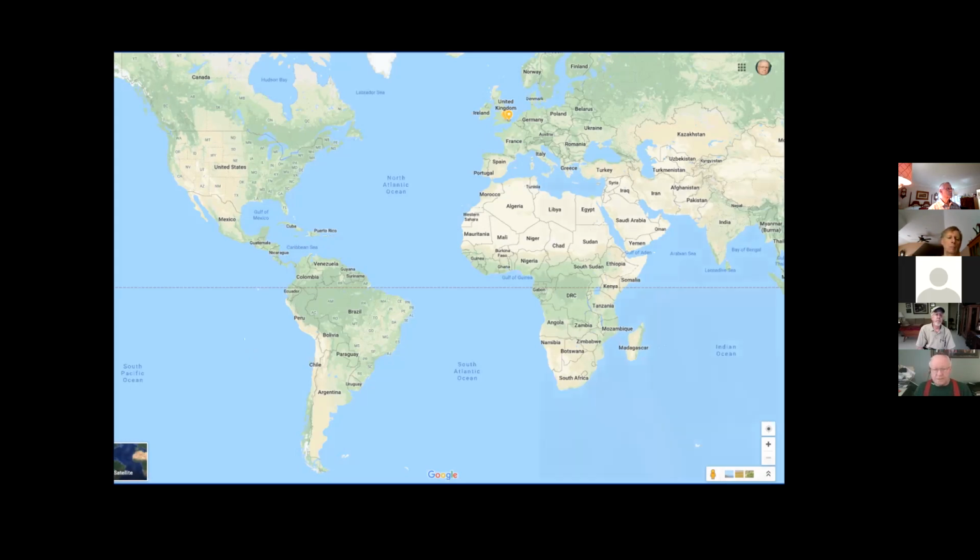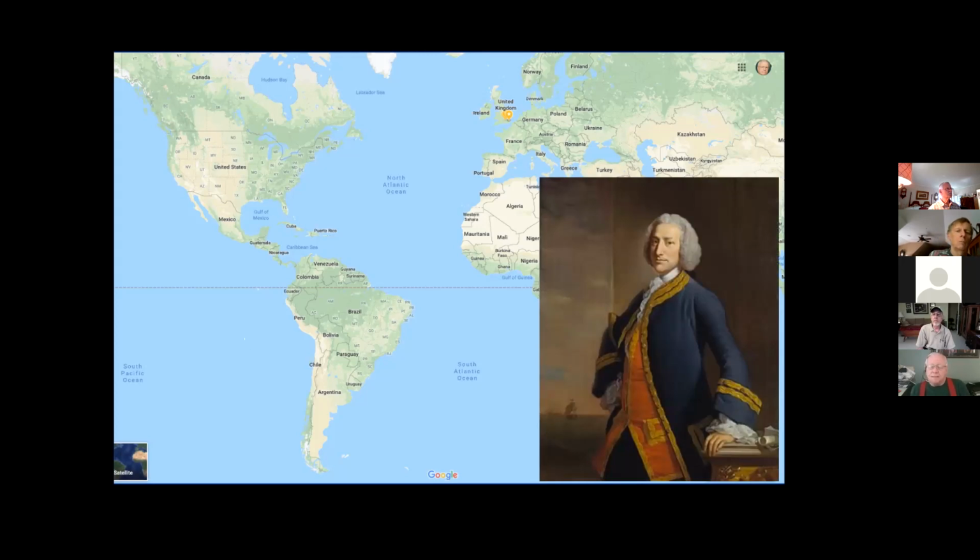So there was this Captain George Anson, who was a Commodore rank, and he had 6 ships. He gets a very late start, unfortunately. So by the time he gets to the Straits of Magellan, it is the middle of winter.